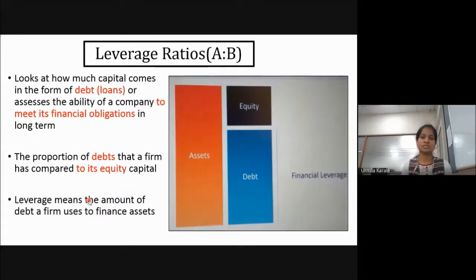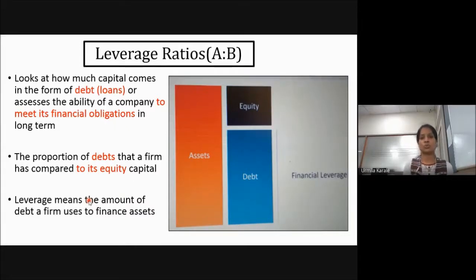So now leverage ratios, also called capital structure ratios, or we can also call it solvency ratios. Long term we are talking about. If you see your liabilities side and your asset side, that is always equal.